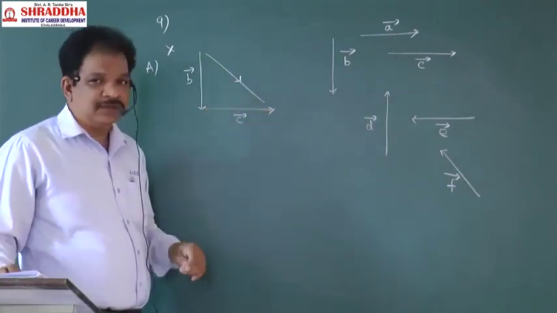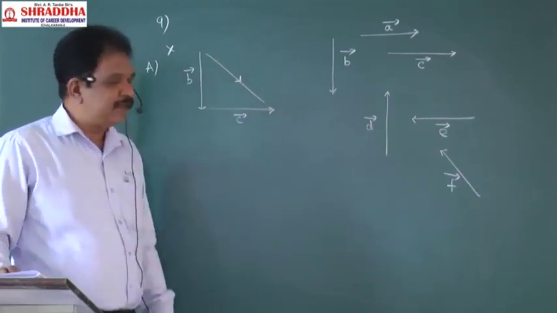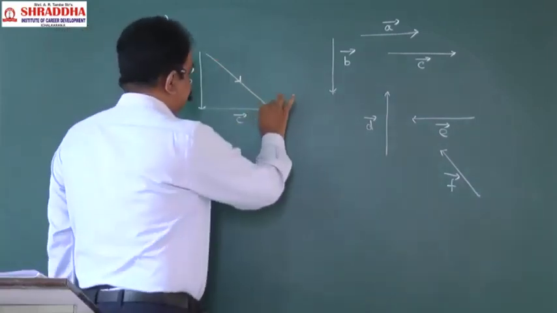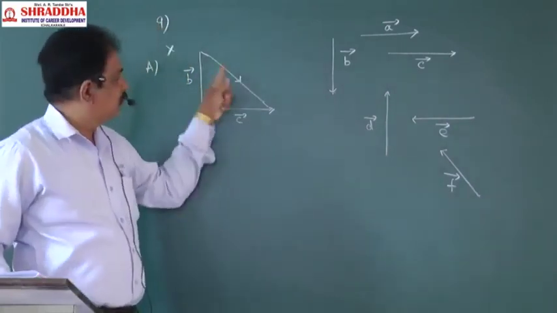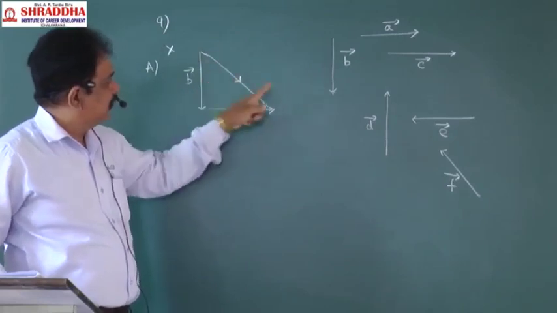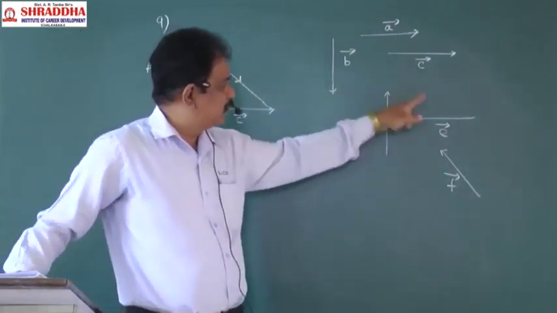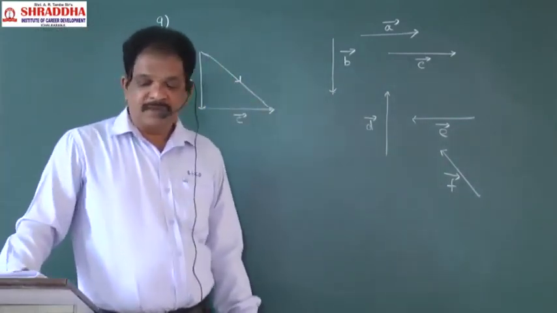We joined these two. Then the tail of B bar and the head of C bar will represent the resultant of these two. This is F bar? Any one is in this format? No. So first option is wrong.